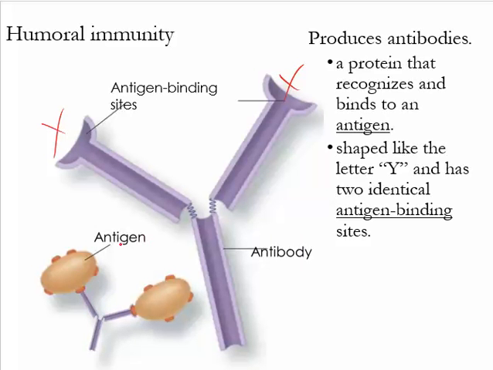If you look at the little picture on the left, towards the bottom, you'll see the little antigens sticking up right there. That's an antigen from the cell, and the antigen binding sites bind to those.